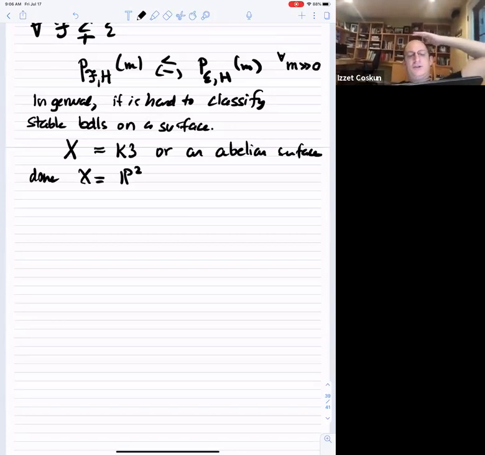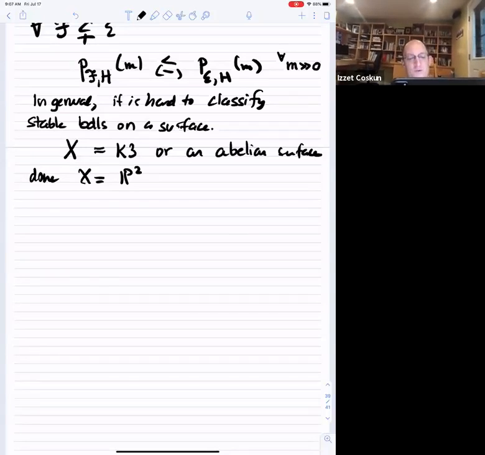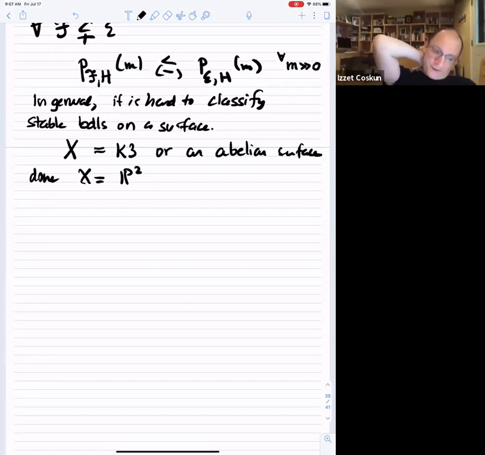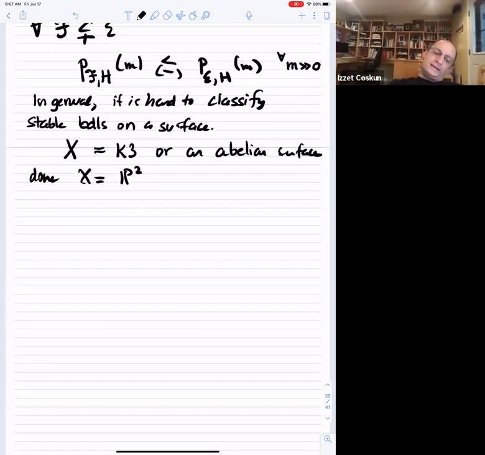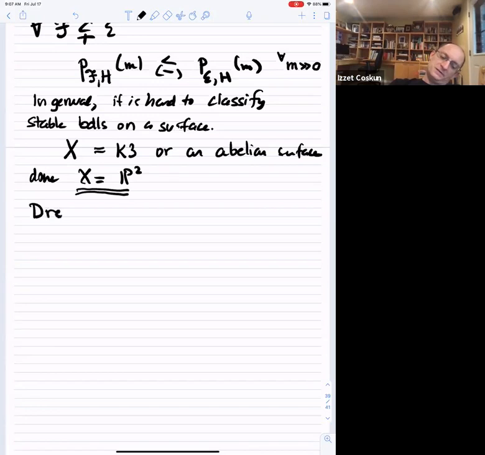There are general theorems that tell you when they exist, and there are some restrictions that tell you for certain invariants they can't exist. But there's usually a gap between these. Okay, so what I'm going to do next is explain the classification of stable vector bundles on P2. This is the Drezet-Le Potier classification.